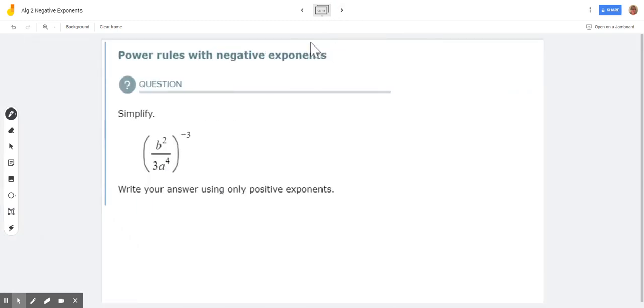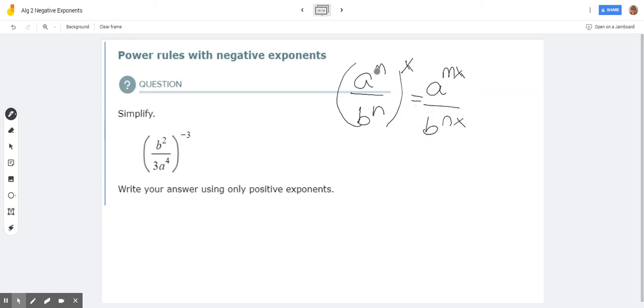Moving on. All right. So we're going to use this rule. a to the m over b to the n, to the x. It doesn't really matter what letters I put. Is a to the mx over b to the nx. In other words, we multiply these exponents. Same rule, but just one on the top and one on the bottom.